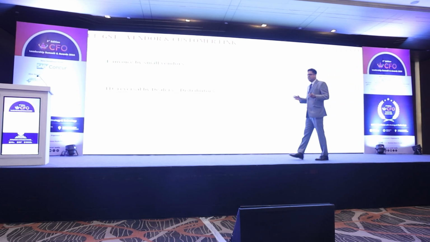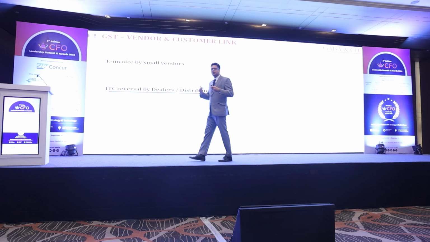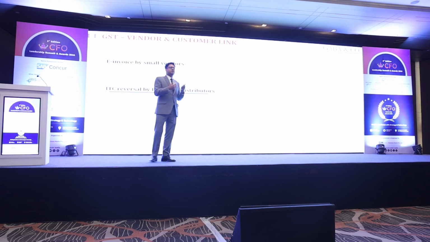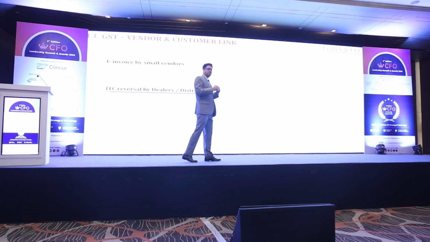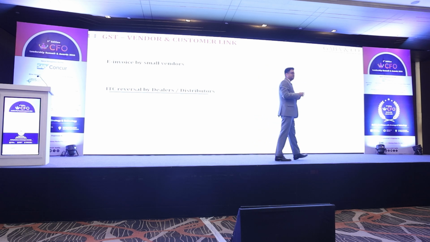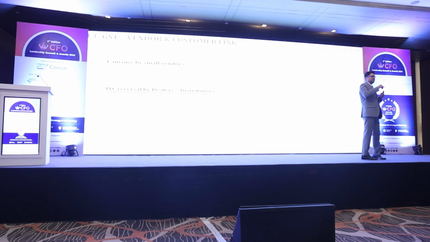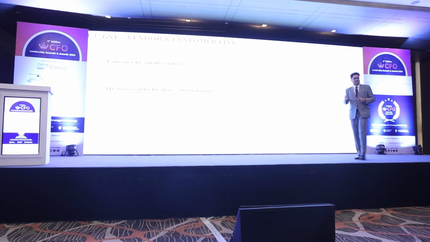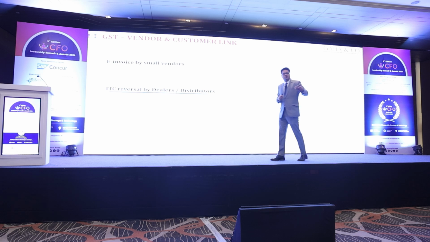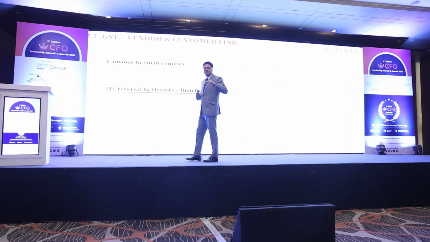Second, ITC reversal by dealers and distributors. You must be giving some target-based discounts to the dealers and distributors, and issuing a GST credit note. There is a condition under the law that your dealer has to reverse the input tax credit, because earlier he purchased goods at, let's say, 100 rupees at 18% GST. Now you are giving a credit note for target-based discount, and you are reducing your tax liability by way of the GST credit note.